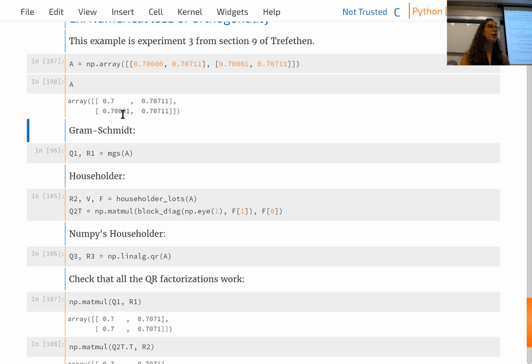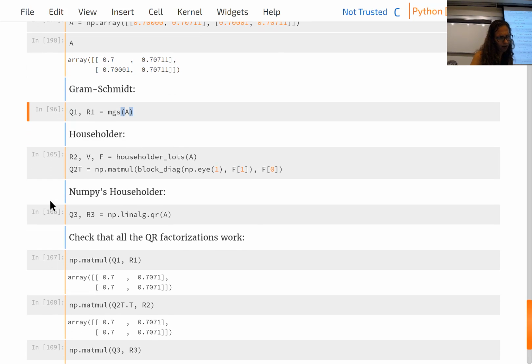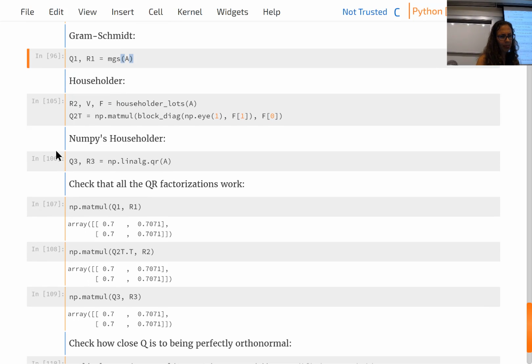So we'll use our modified Gram-Schmidt to get Q and R. We can use Householder to get Q and R. And I did this with both my version and NumPy's. Then check that all the QR factorizations work.